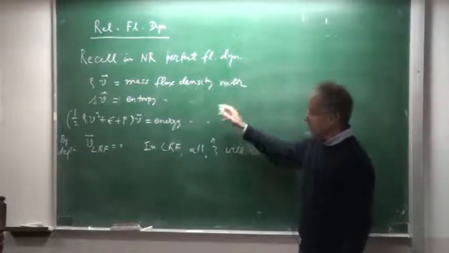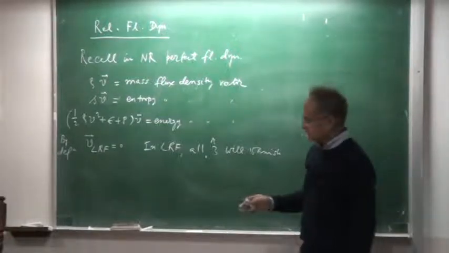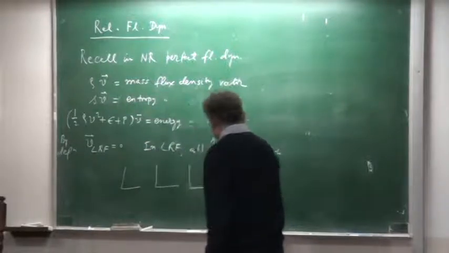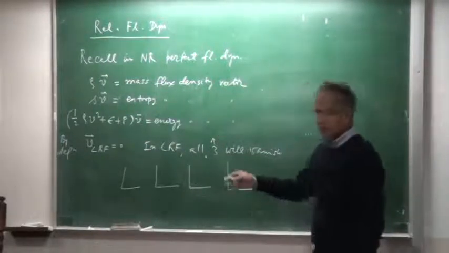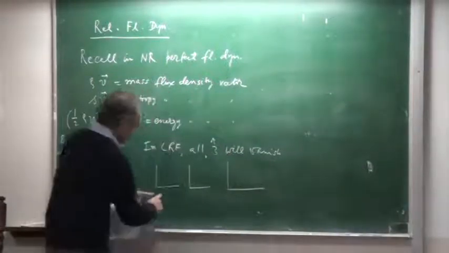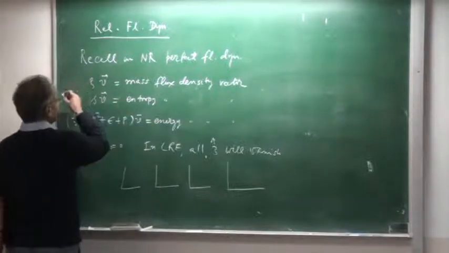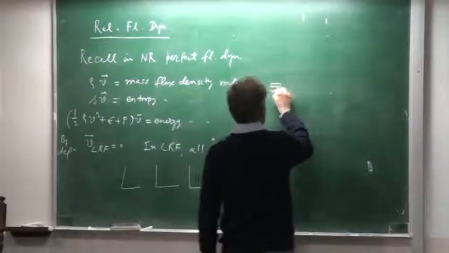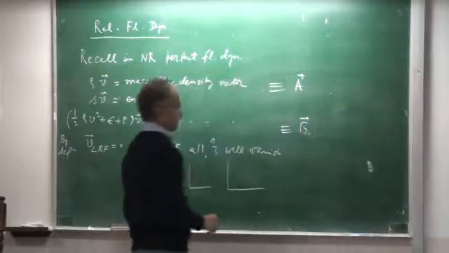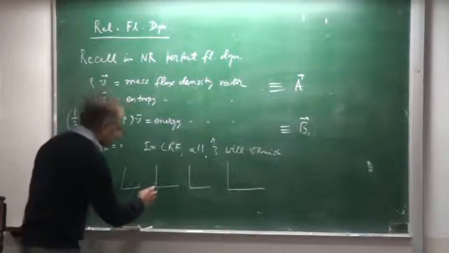In one frame, both are vanishing, which is a good thing, because otherwise, suppose you have several frames like this, all moving with respect to each other, and suppose in this frame, let me call this A, and we call this vector B. In general, suppose you have some vectors like this.